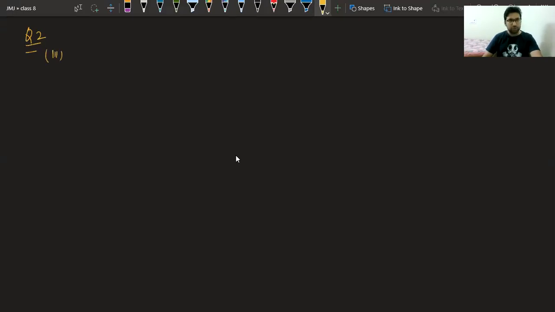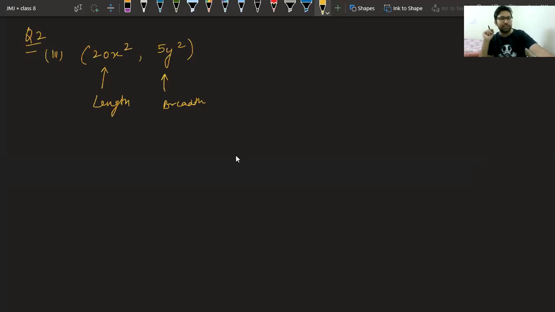20x square, 5y square. Please tell me, if I take this as length and I take this as breadth, what is the area of this rectangle? If I take 20x square as length and 5y square as breadth, what is the area?